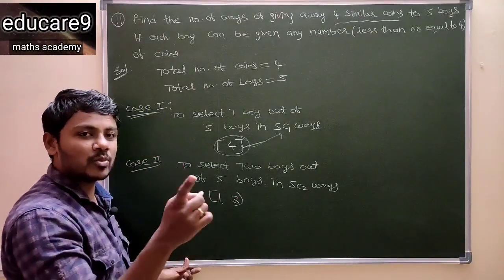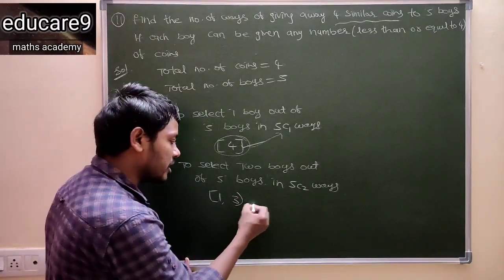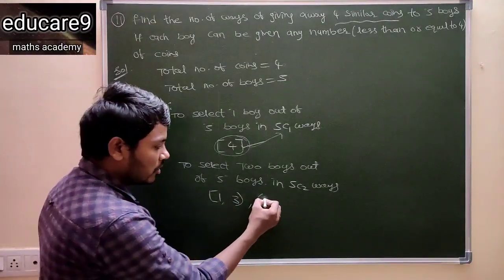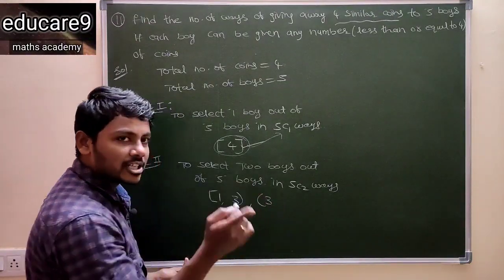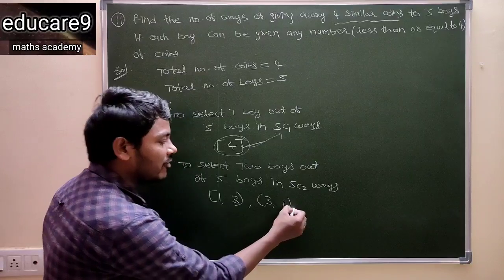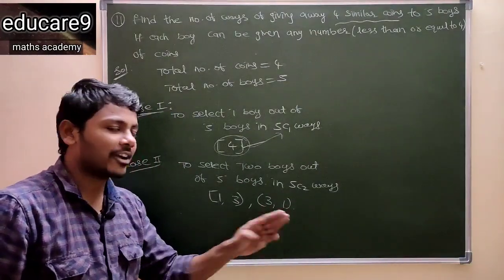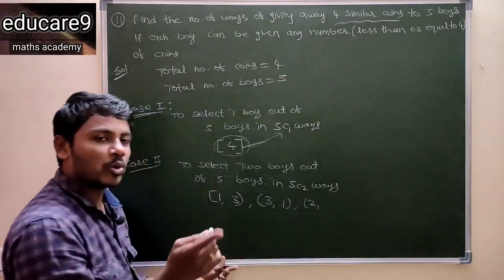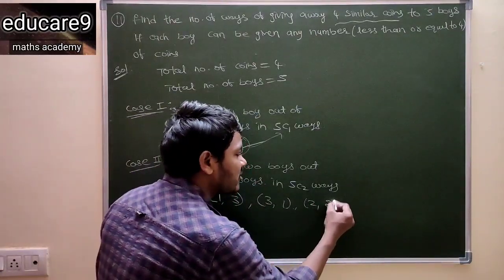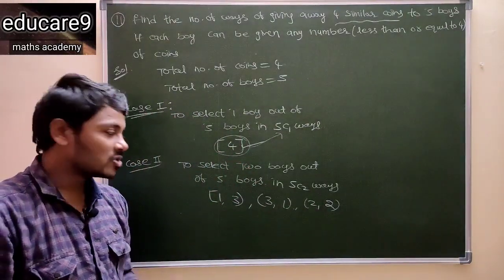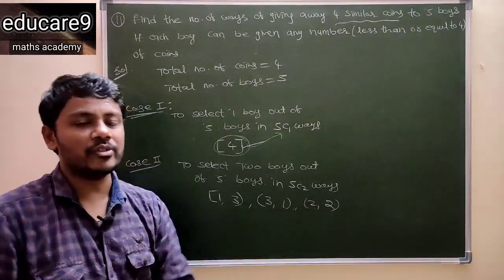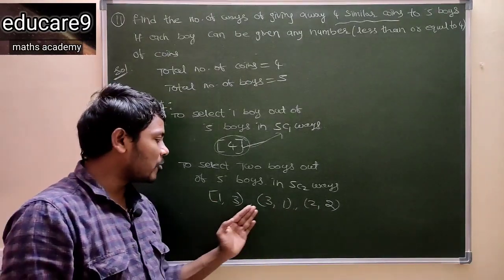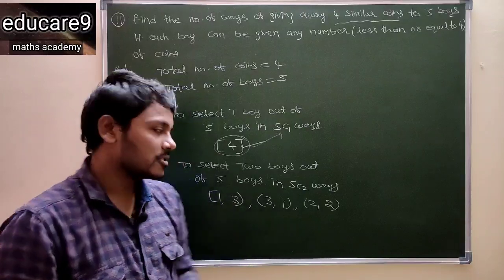This is the first possibility. One more possibility: 3 canes to the first boy and 1 cane to the second boy, so the total is 4. And one more possibility: 2 canes to the first boy and 2 canes to the second boy. So these are the possible ways; the total number of possibilities is 3.